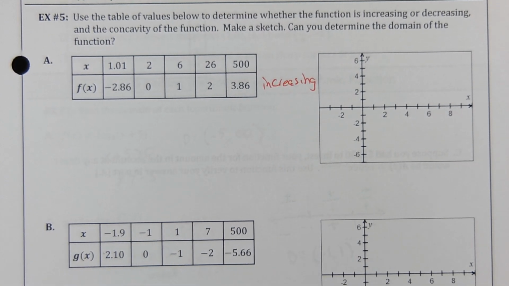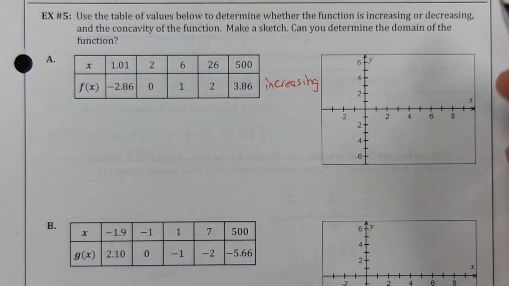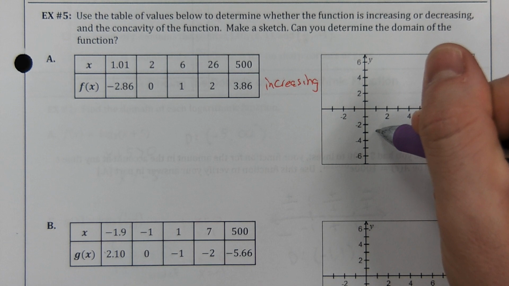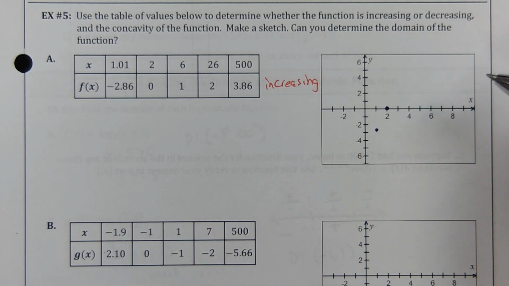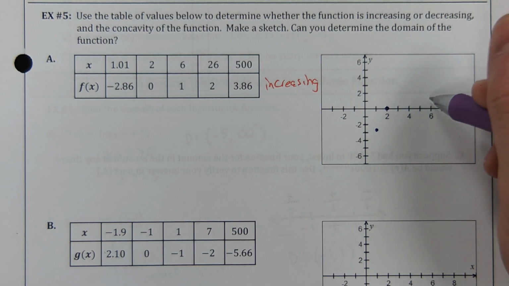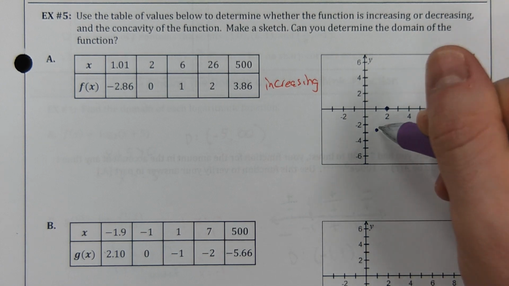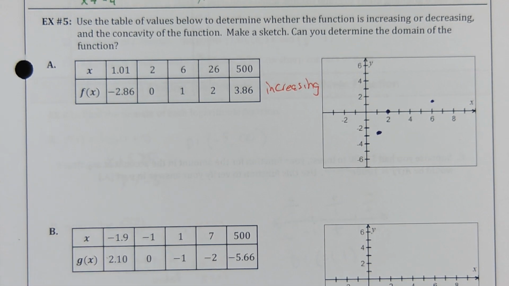Let us see. When x is just a hair past 1, my y values are almost to -3. At 2, 0, 6, 1. I mean, it's already obvious what the concavity is. And, well, you can't get 26 or 500 on here, so I think we're kind of stuck here.